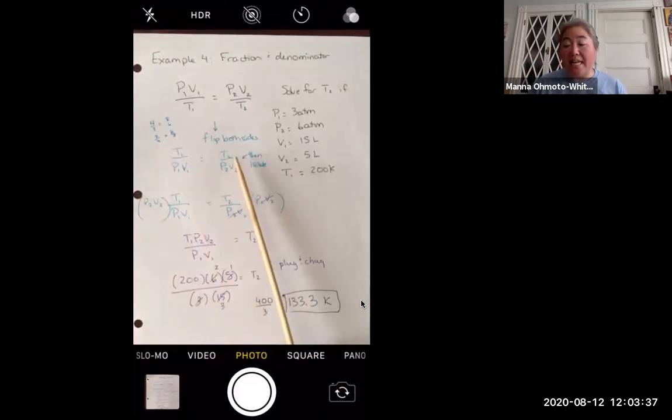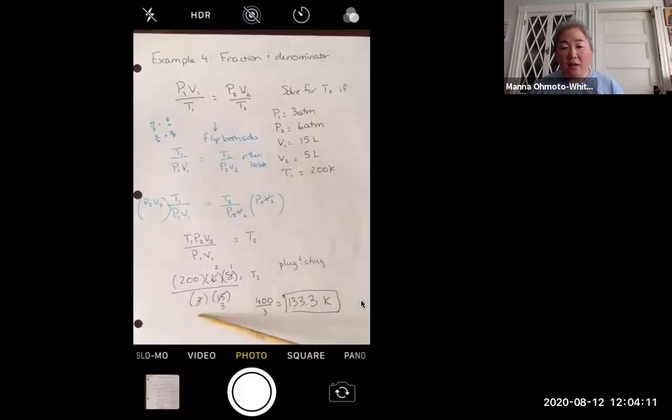So I flip both sides, and now my T2 is in the numerator, and I can then isolate by multiplying both sides by P2 times V2. I get T1 times P2 times V2 divided by P1 times V1 is equal to T2, and now I just plug in the numbers. 200 for T1, P2 is equal to 6 atmospheres, V2 is equal to 5 liters, P1 is equal to 3 atmospheres, and V1 is equal to 15 liters.